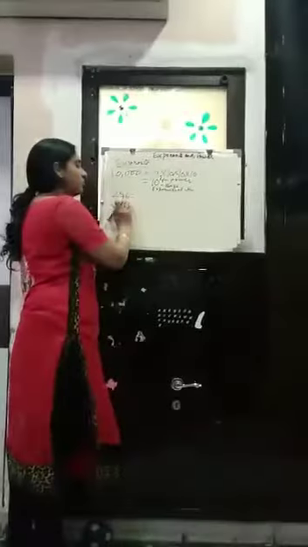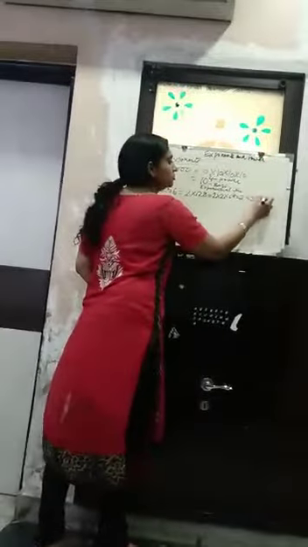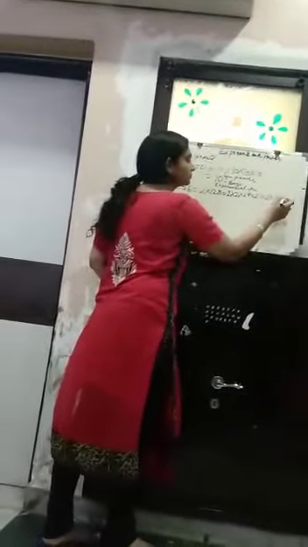Okay, now let's do one example. Write 256 into its prime factors, into exponential form. So this can be divided by 2 into 128, which is equal to 2 into 2 into 64, which is 2 into 2 into 2 into 2 into 16, which is 2 into 2 into 2 into 2 into 2 into 2 into 2 into 2.